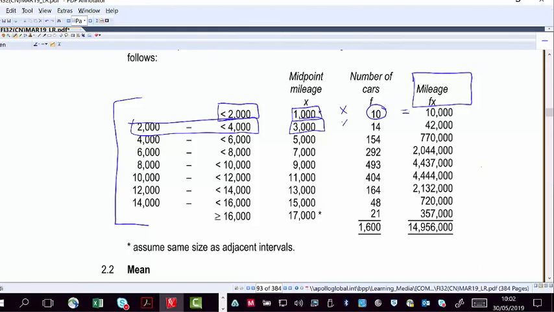We've taken the midpoint mileage of 3,000. We had 14 cars that recorded that, which gave us 42,000. Okay, we're going to work with this information as we go through the calculations, and we're going to explain and calculate the mean, the median and the mode to make sure that you can meet the first learning outcome.